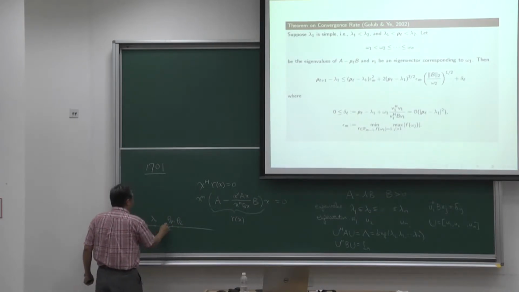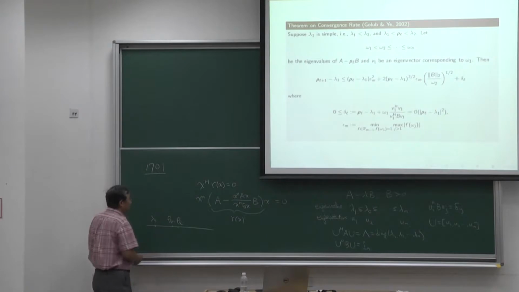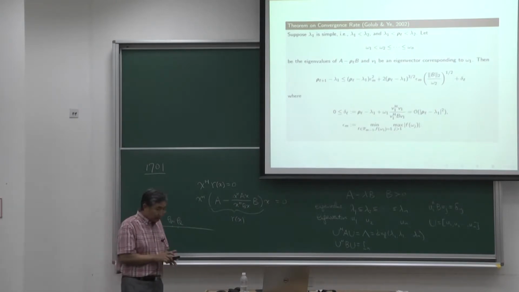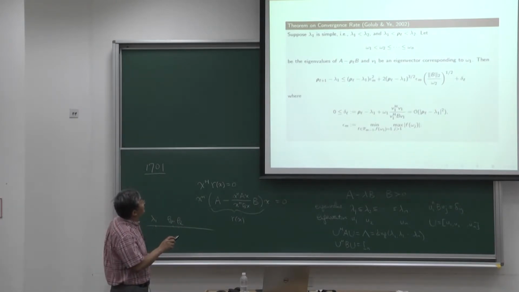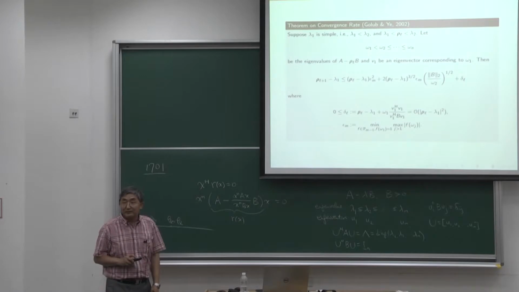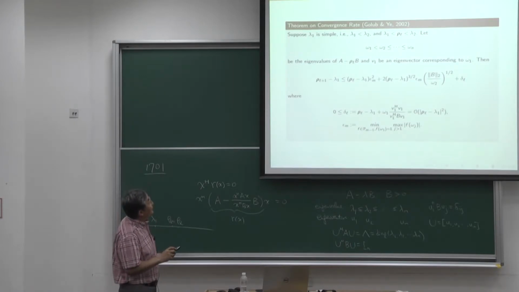And rho_{L+1} minus lambda 1 is less than or equal to the difference rho_L minus lambda 1 times a small number we call epsilon_m squared, plus something right there.